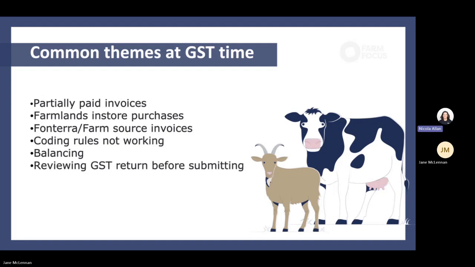We've worked out how to match multiple invoices against a bank transaction with our Fonterra and our Farm Source invoices. We've had a look at a coding rule as well, and we've checked the setup of that just to validate that it's working within our system to give us that accuracy with our coding and to save a bit of time. We've checked our balancing.